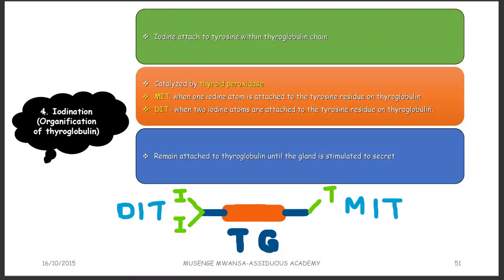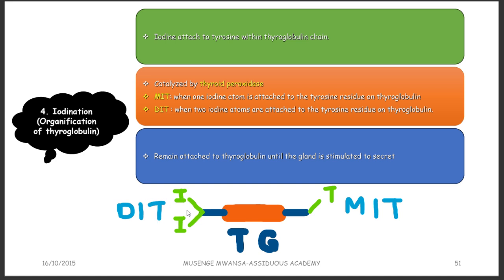And then the next thing now will be iodination. It's also known as organification of the thyroglobulin. So what happens is that the iodine that you have formed now, you are going to add it to tyrosine. The tyrosine that is found within the thyroglobulin, remember, thyroglobulin has got tyrosine. Okay. These two lines that I've put here, those are tyrosines. We can add one iodine or two iodines to each tyrosine.